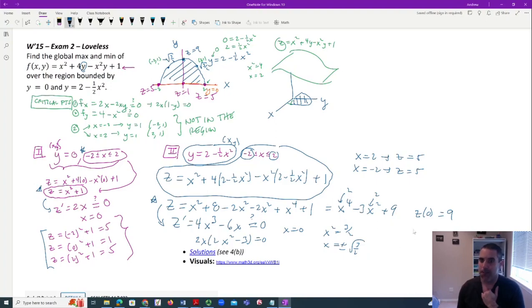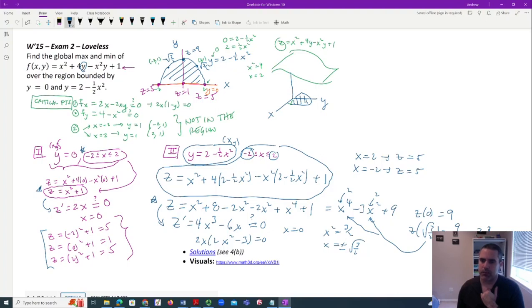And then I need to plug in the square root of 3 halves. What's that going to be? Well, that's going to be negative 3 times 3 halves plus 9, plus this is going to be 3 halves squared, so 9 fourths.